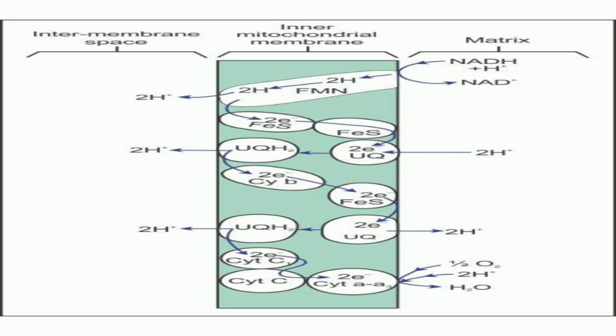That is, 1 NADH is equivalent to 3 ATPs. So while calculating the ATPs, you must take this fact into consideration. On the other hand, 1 FADH2 produces 2 molecules of ATP. That is, 1 FADH2 is equal to 2 ATPs.